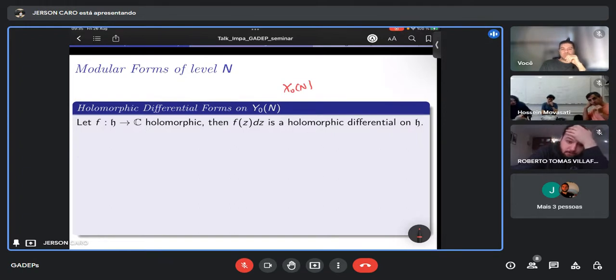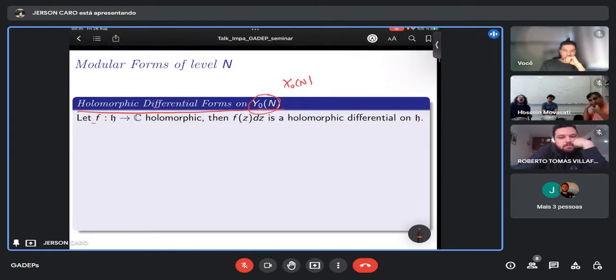To begin with, we compute the holomorphic differential forms on Y_0(n). If we have a holomorphic function f from H to C, then f(tau) d tau is a holomorphic differential on H.